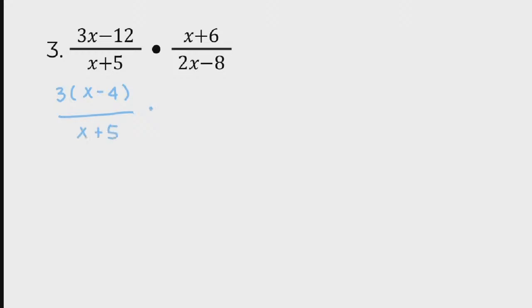And then for the next fraction, I can't factor the numerator, so I'm just going to leave it as x plus 6. And in the denominator, I can factor out a 2. So the numerator and denominators both have x minus 4, so I can cancel those out. So that would be 3 times x plus 6 over 2 times x plus 5.